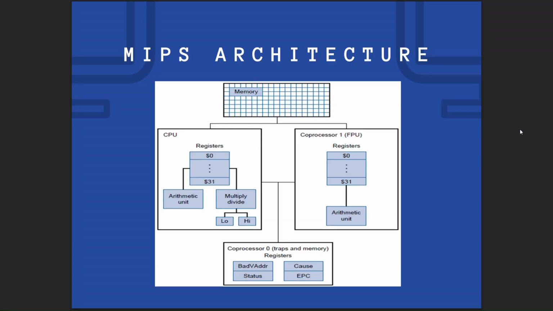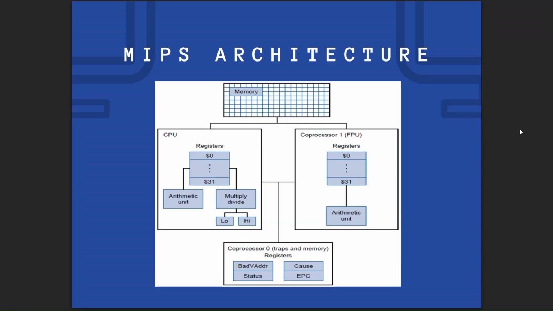The arithmetic unit performs integer operations like addition and subtraction. There is also a separate multiply and divide unit with two special registers, Lo and Hi. Multiplication and division results are stored here because they may be longer than the normal register width.